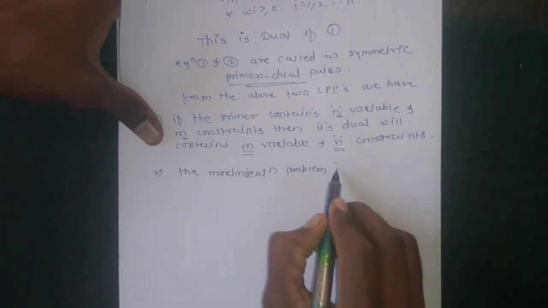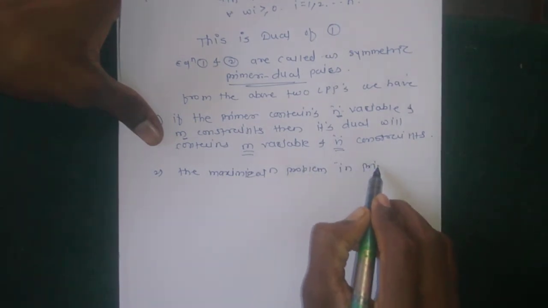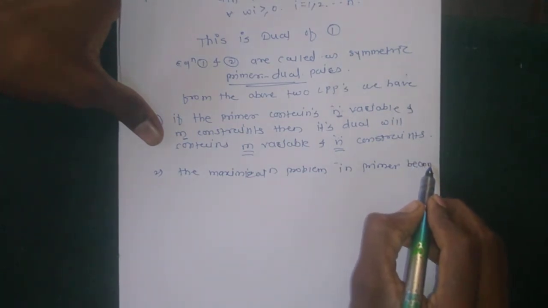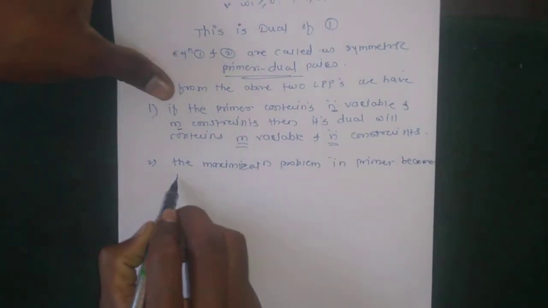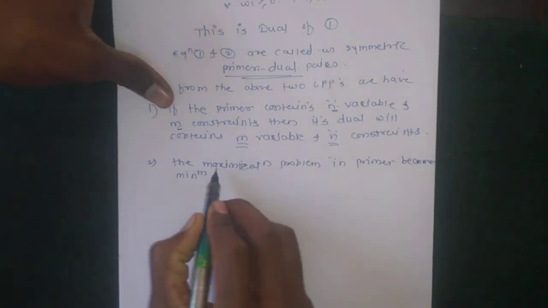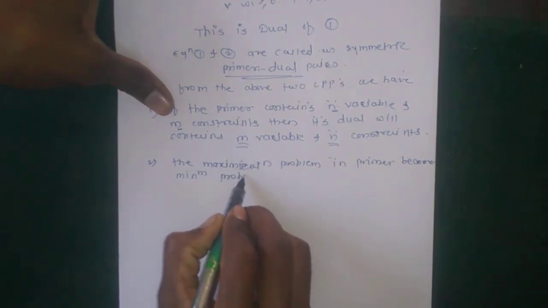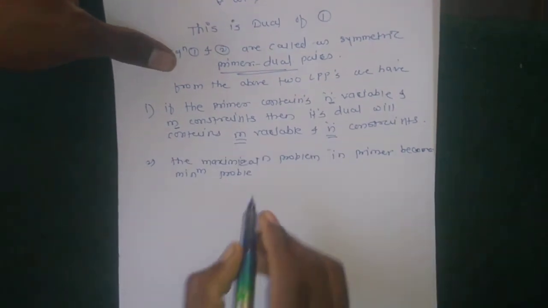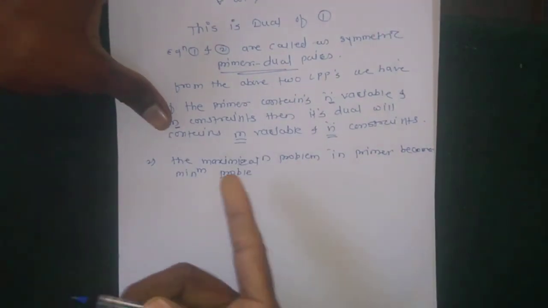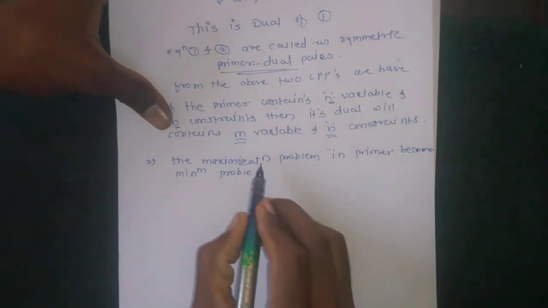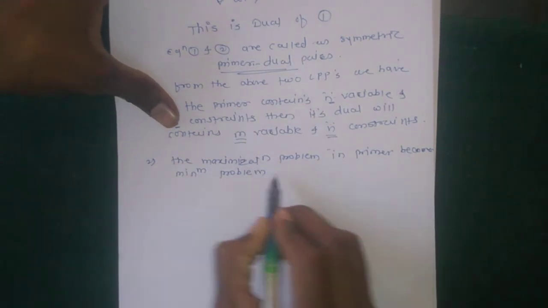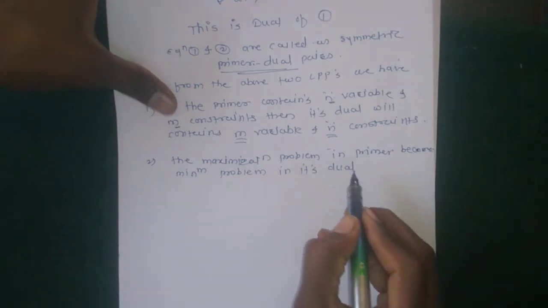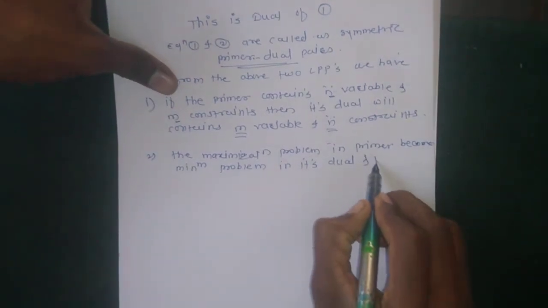Second, the maximization problem in the primal becomes a minimization problem in its dual. If the given primal problem is of maximized type, then its dual must be a minimized problem, and vice versa.